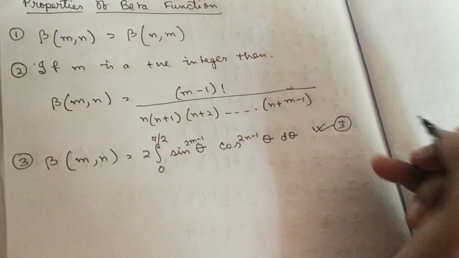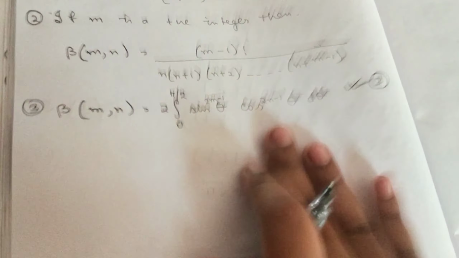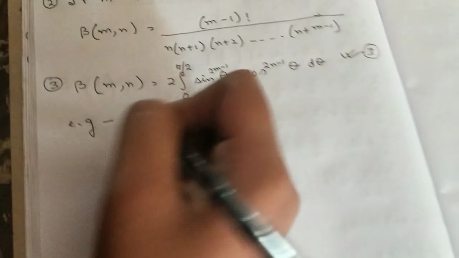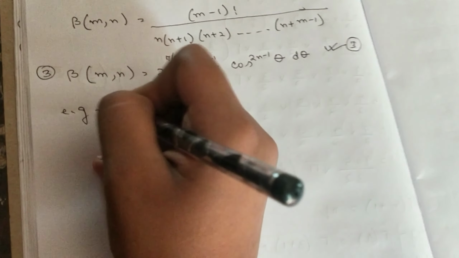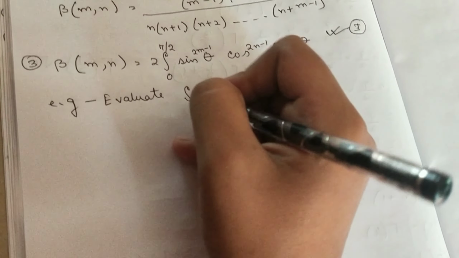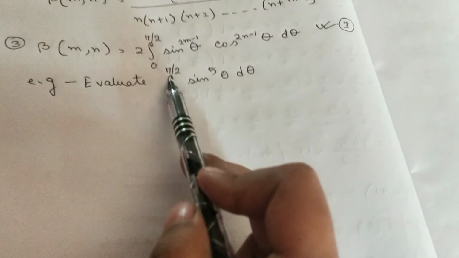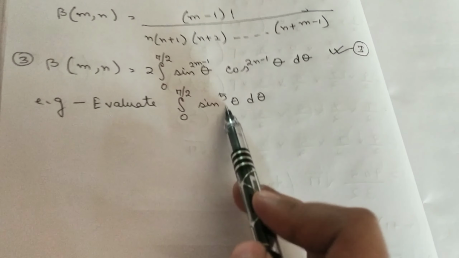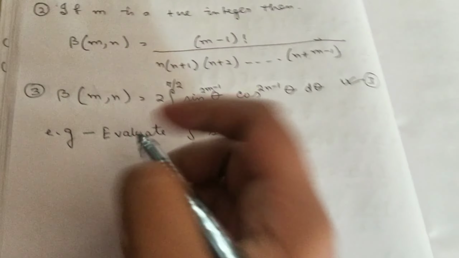Okay, suppose let's take an example for this property. Suppose evaluate integration 0 to pi by 2 sine to the power 5 theta d theta. How can we write this in this formula? Let's see.